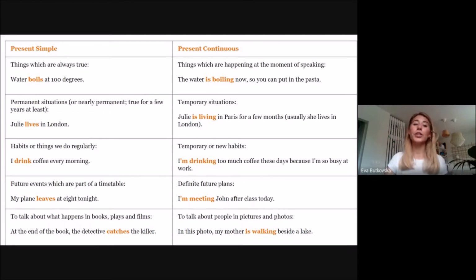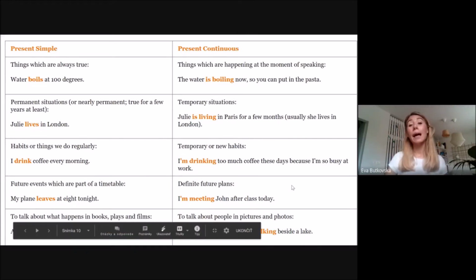Present simple we use for a permanent situation. For example, Julie lives in London. But present continuous we use for a temporary situation. Julie is living in Paris for a few months, but she usually lives in London. So permanent situation and temporary situation.